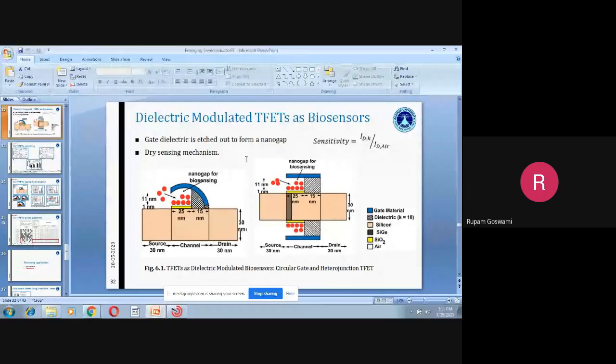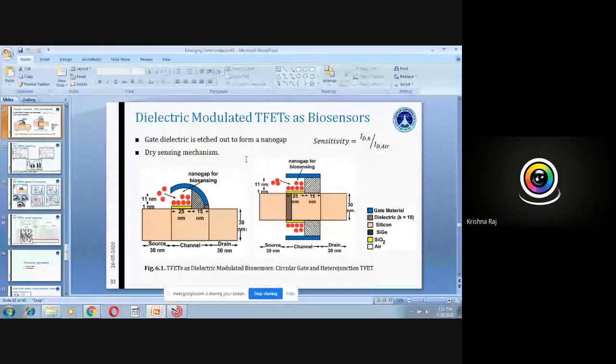So first of all, you need to optimize your drain concentration. Usually we take the source doping concentration at 10^20, and for the drain doping, we keep it at 5 x 10^18 or 10^19, so that we have reduced ambipolar current.